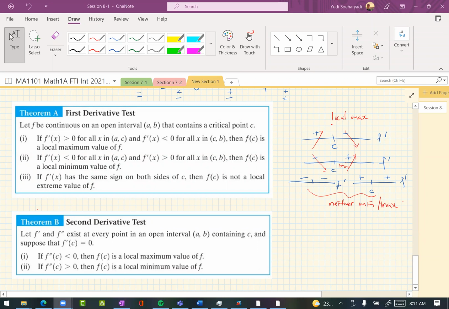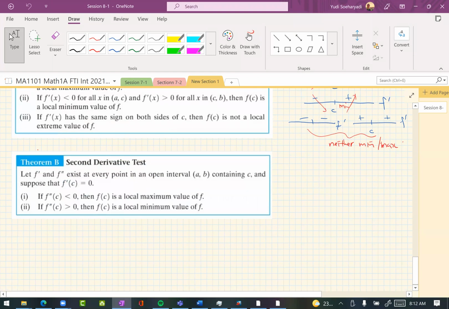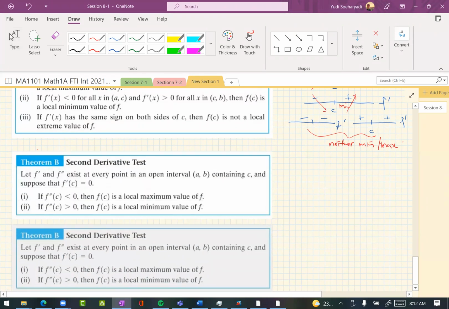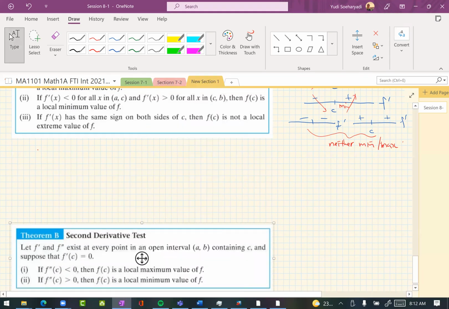Now, the second derivative tells you about this local min or max. It can be something that looks like that one or this one.